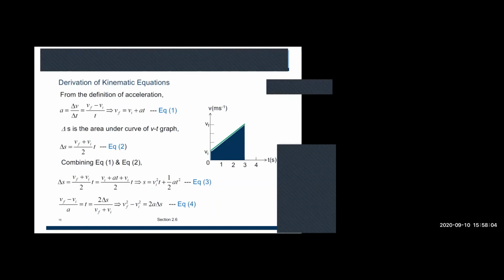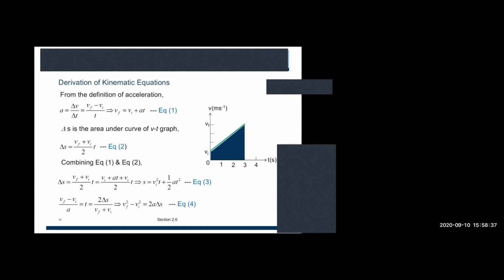The second one is concerned with the relation between the velocity and the displacement. So the change of the displacement, delta S, is equal to the average velocity, which is the sum divided by 2, multiplied by the time, because if the velocity changes linearly, it is changing by the same amount over a fixed period of time.